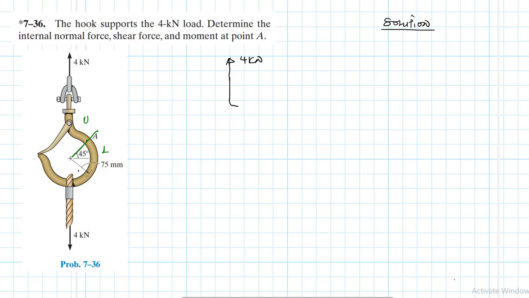So we have this circular hook like so, up to somewhere there. Let's say this point is A, and then I have my shear force, VA.